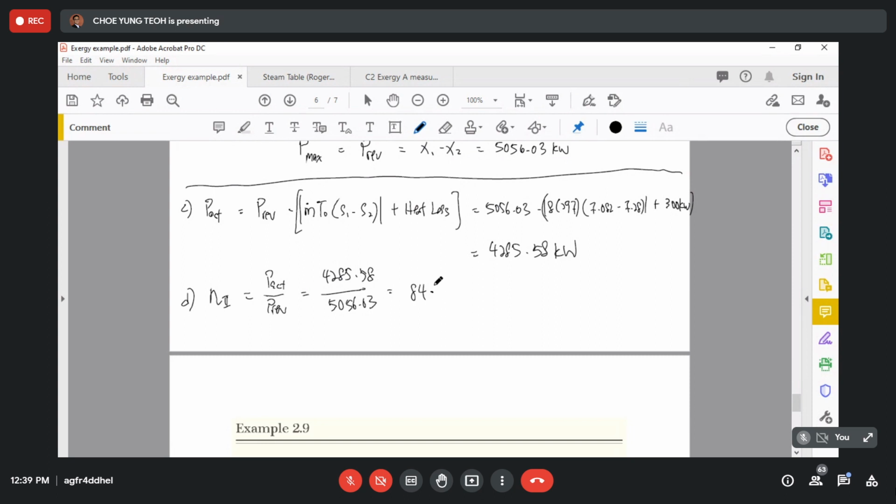So we have 84.75%. Second law of efficiency.